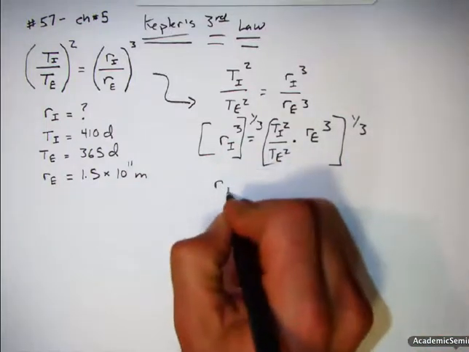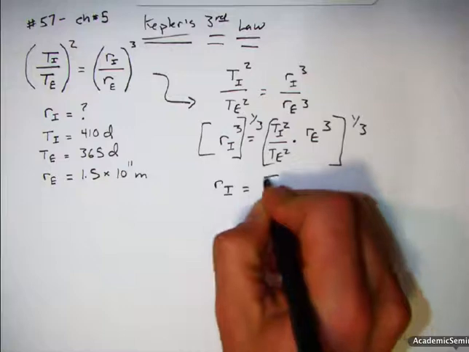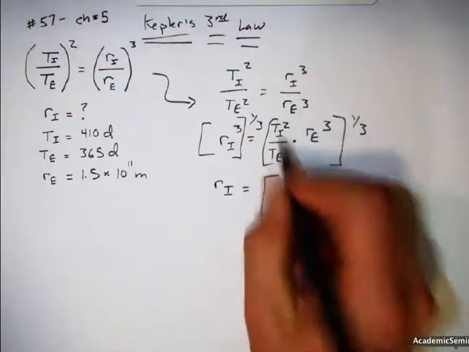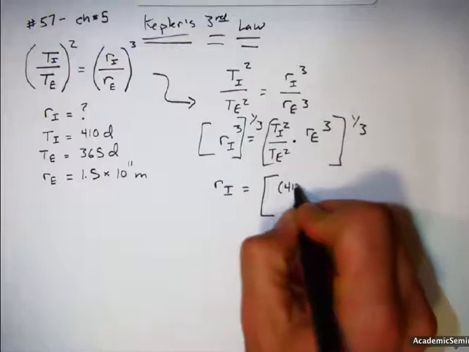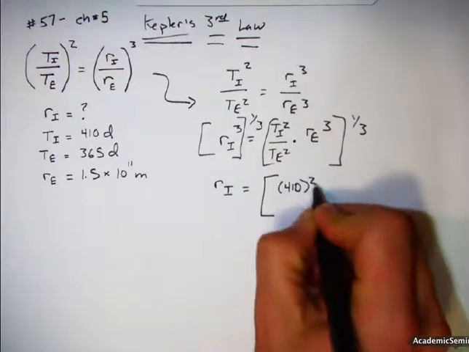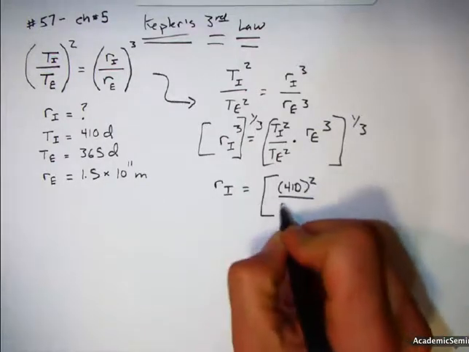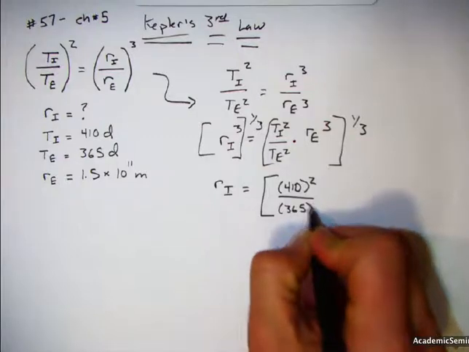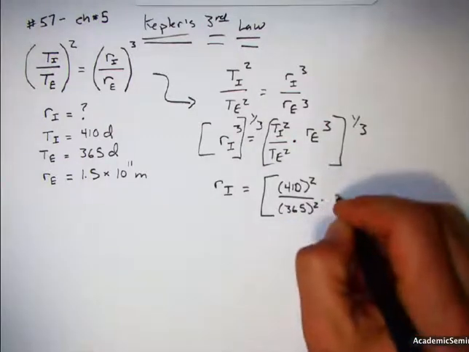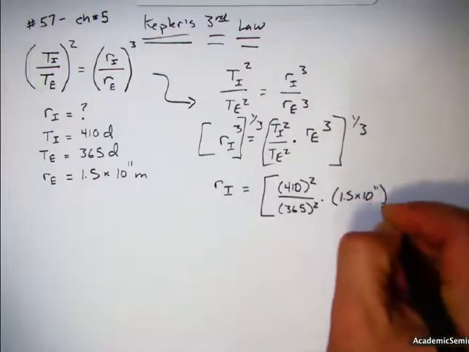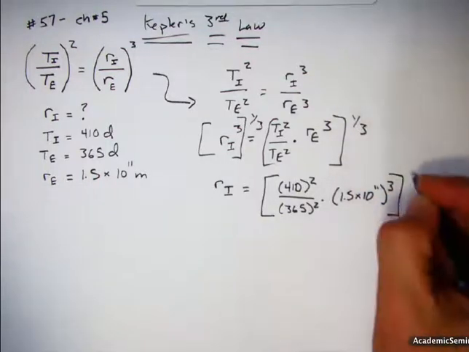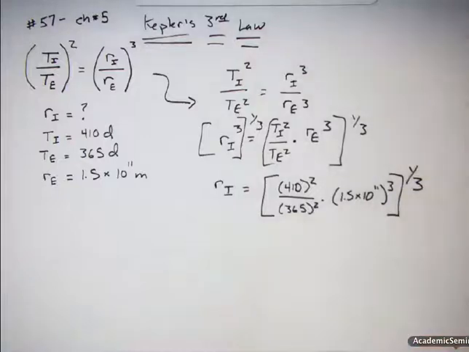And I get R sub I is equal to T sub I, which we said was 410 days, squared, divided by T sub E, 365 squared, times 1.5 times 10 to the 11th cubed, and take all of that to the 1/3 power.